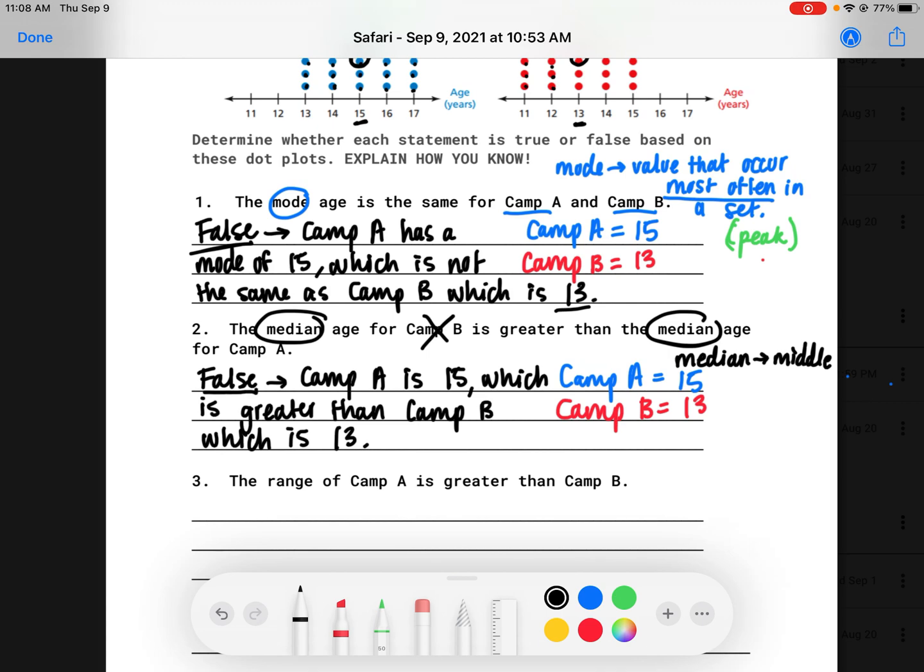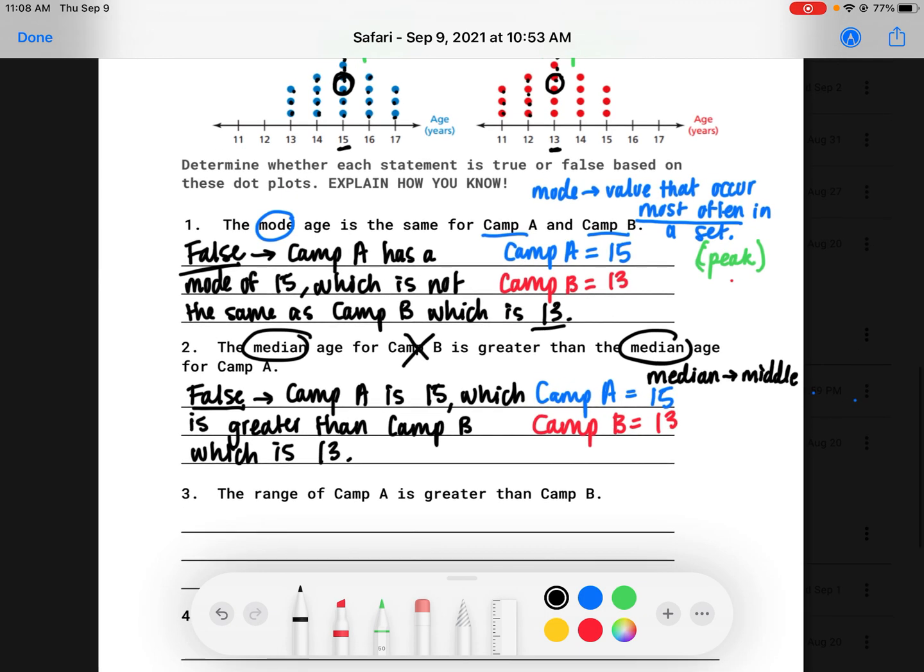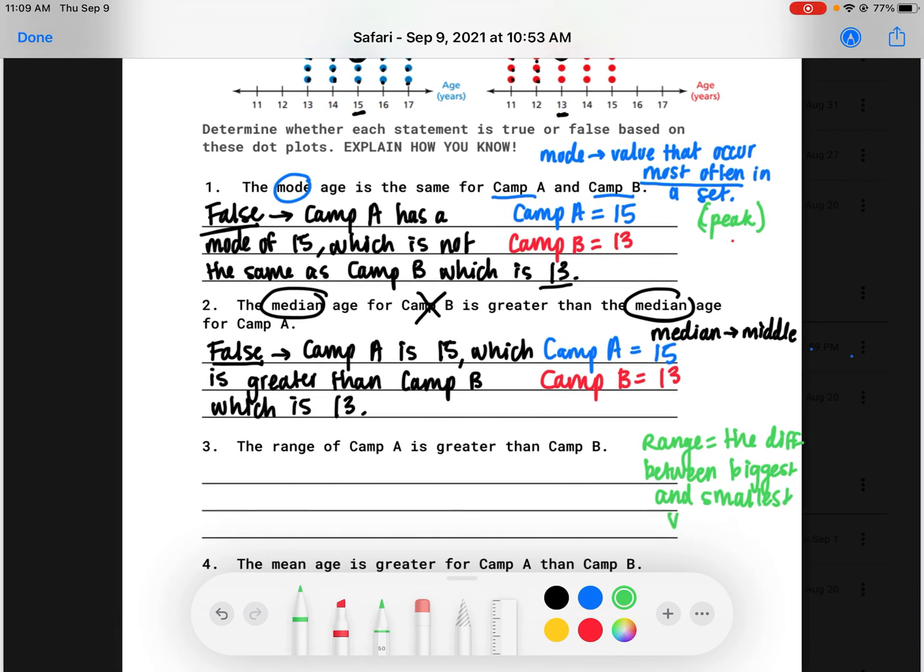Our third question says the range of camp A is greater than the range of camp B. So we have to know what range is. In our previous video, we talked about interquartile range, the difference between the highest and lowest quartiles. Range is the difference between the highest and lowest values, or just the biggest and smallest values.